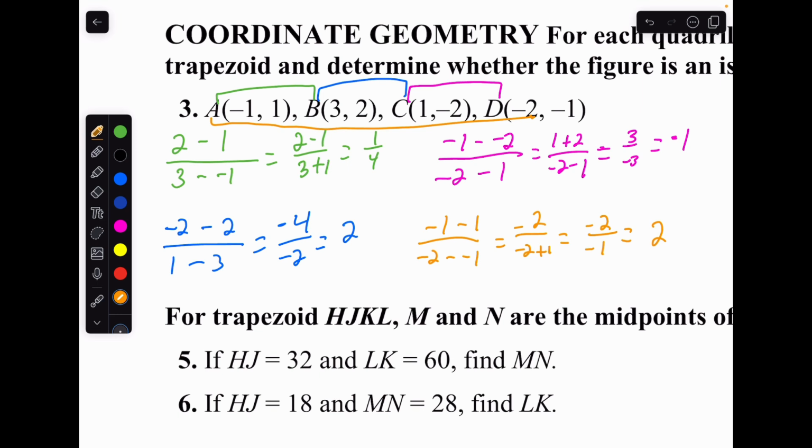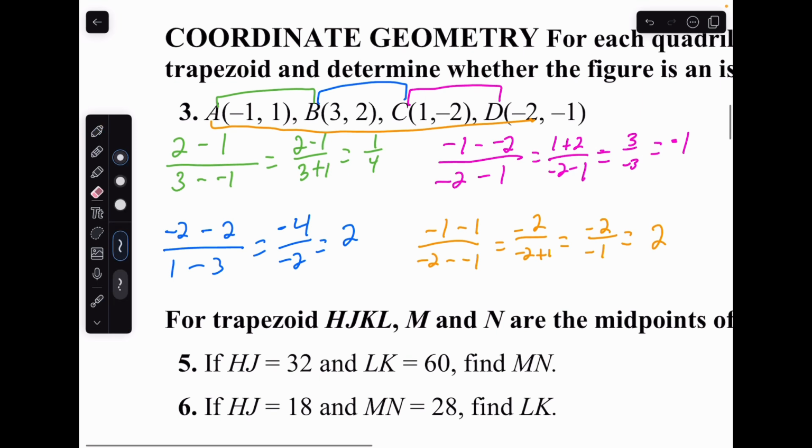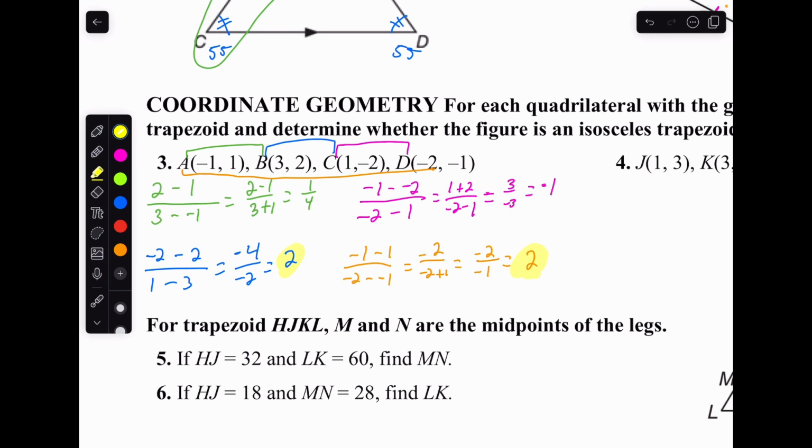Now notice please that I have two slopes that are congruent. So the blue slope and the orange slope are congruent. So now what I need to do is find the distance. The blue and the orange are congruent, so I need the distance of green and pink. Those are the distances that I need.